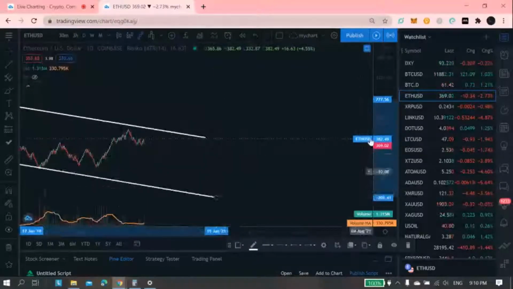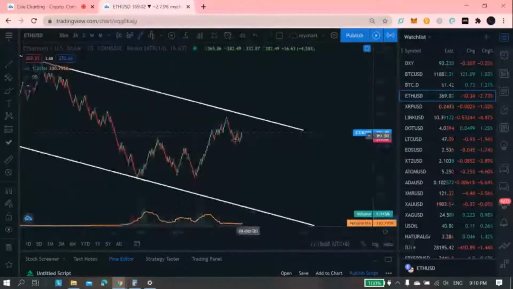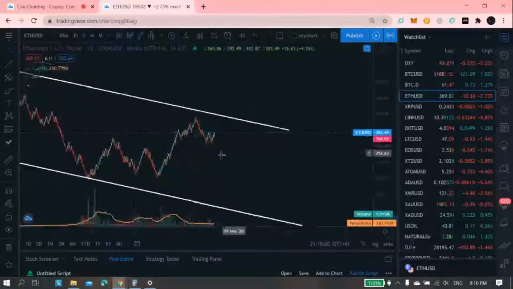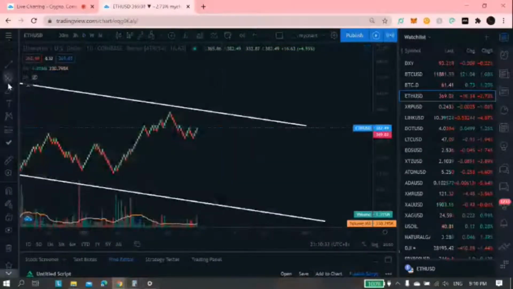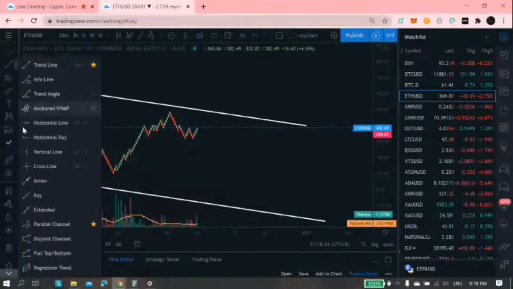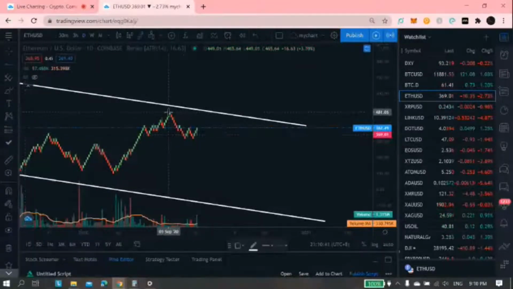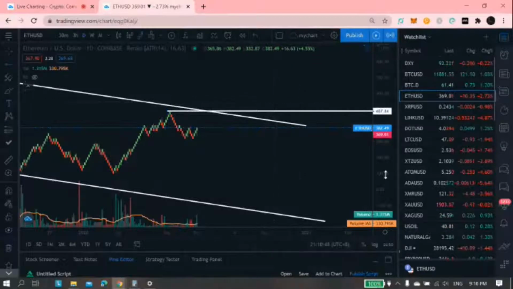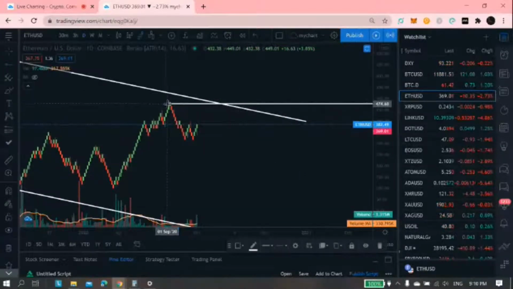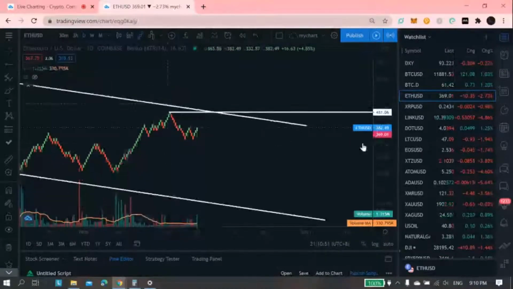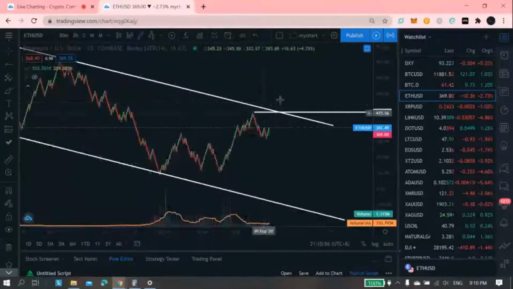For Ethereum, I'm looking for it to break this long-term downward channel and create a new channel.